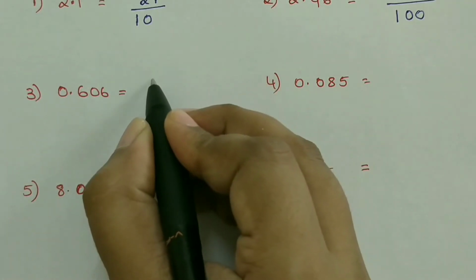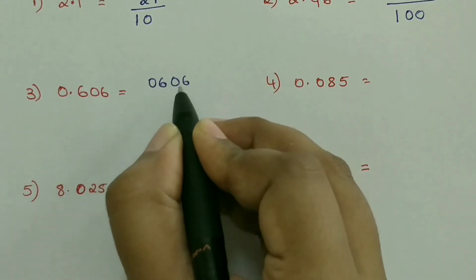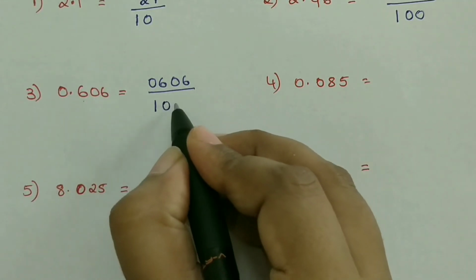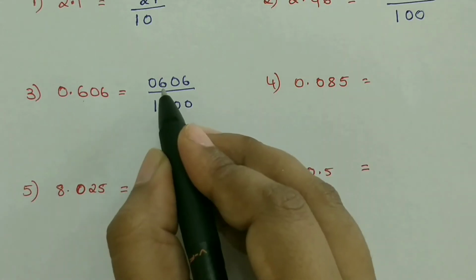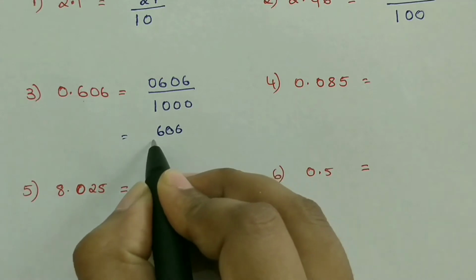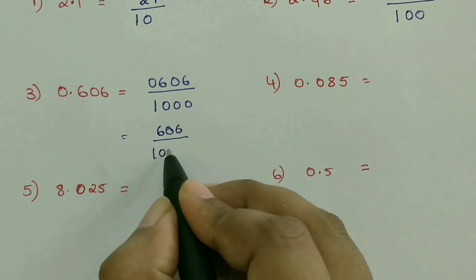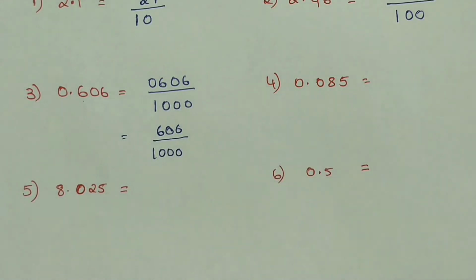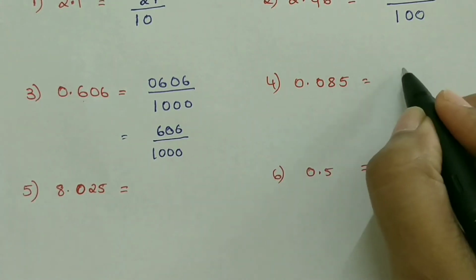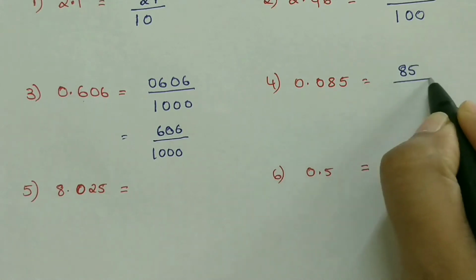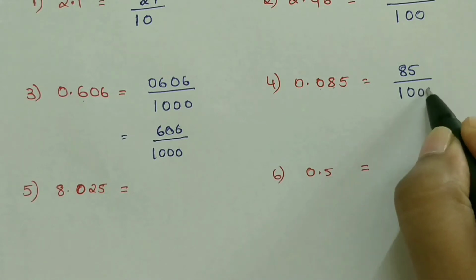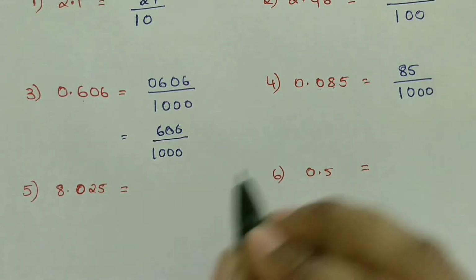Write it as 0606 divided by 1, 1, 2, 3 zeros. 0606 can be written as 606 divided by 1000. Example 4, it can be written as 85 divided by 1, 3 zeros, 85 by 1000.